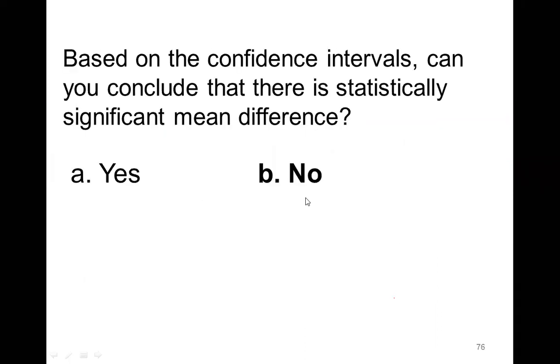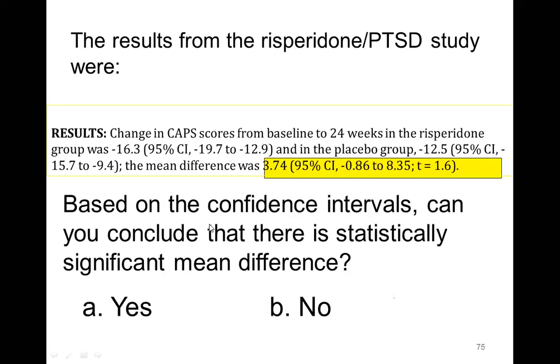Correct answer is no, right? And I think most of you are getting it at this point, that if 1.0 is included in the range of the confidence intervals, then you do not have statistical significance. Okay, so good job.